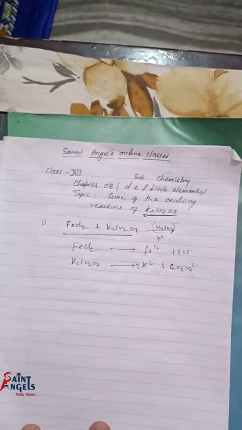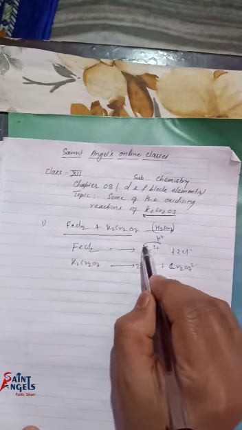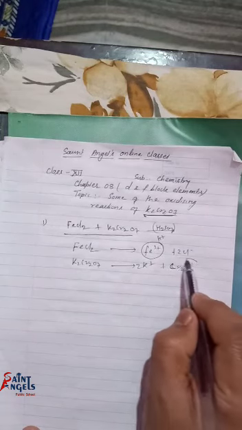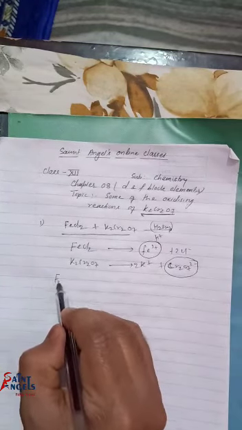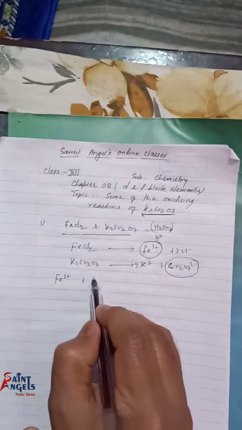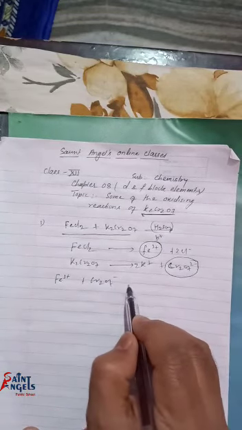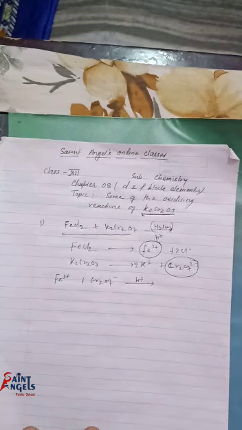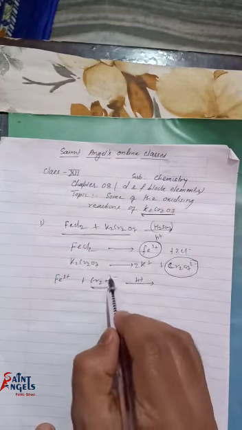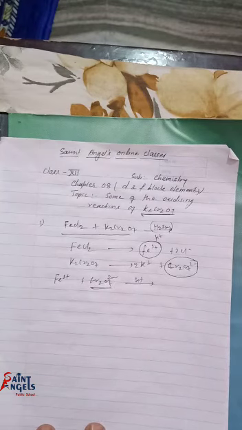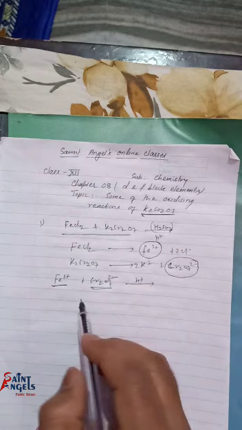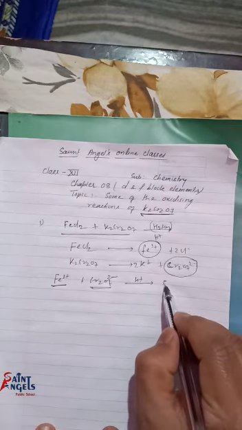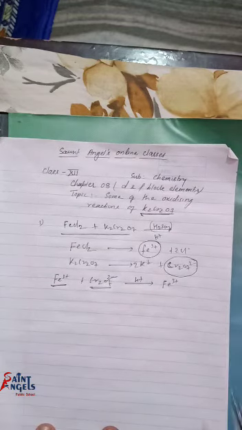Now we have to take only the ionic equation. That is why we take Fe2+ reacting with Cr2O7 2- in acidic medium. Already you know this Cr2O7 2- is the oxidizing agent, so it oxidizes Fe2+ and gives Fe3+.